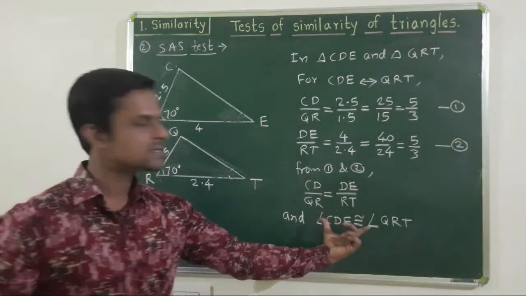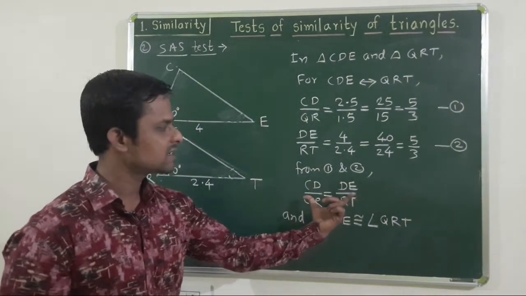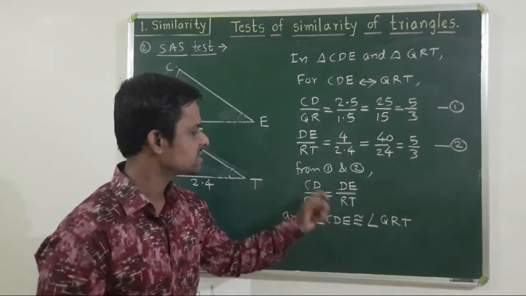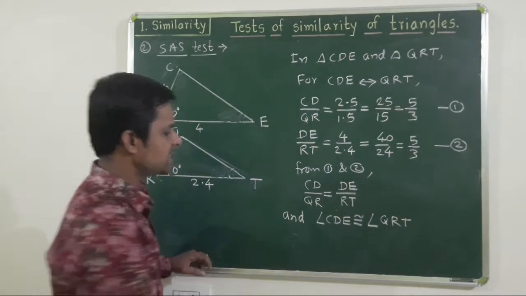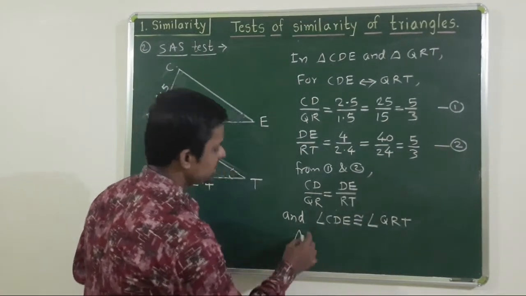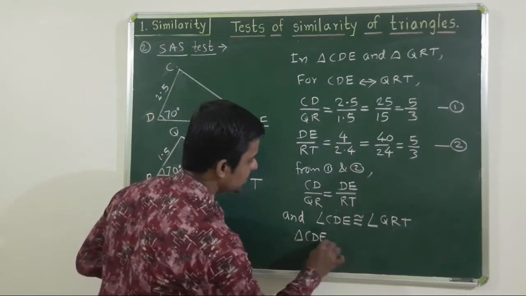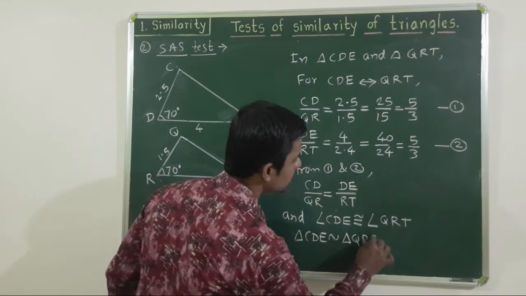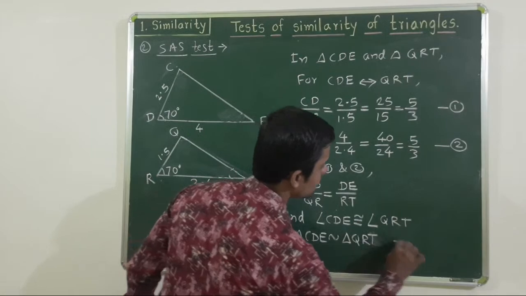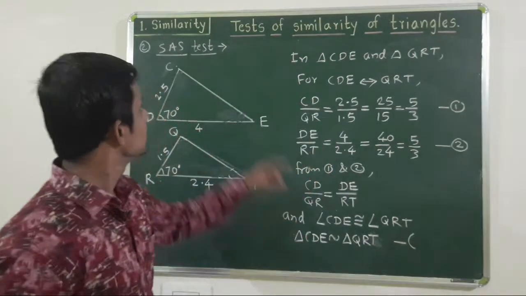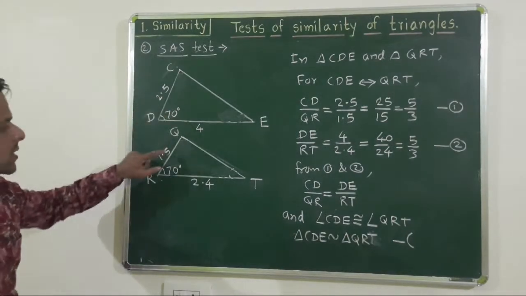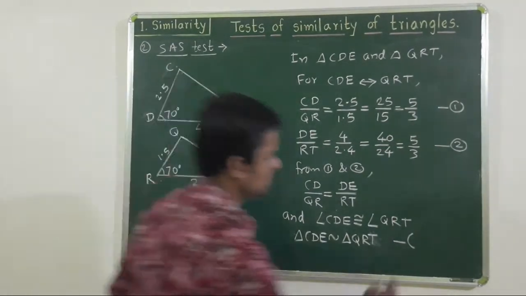Included angles are congruent and corresponding sides are in proportion. This is SS and this one is A, that is SAS test. Hence triangle CDE is similar to triangle QRT by SAS test.